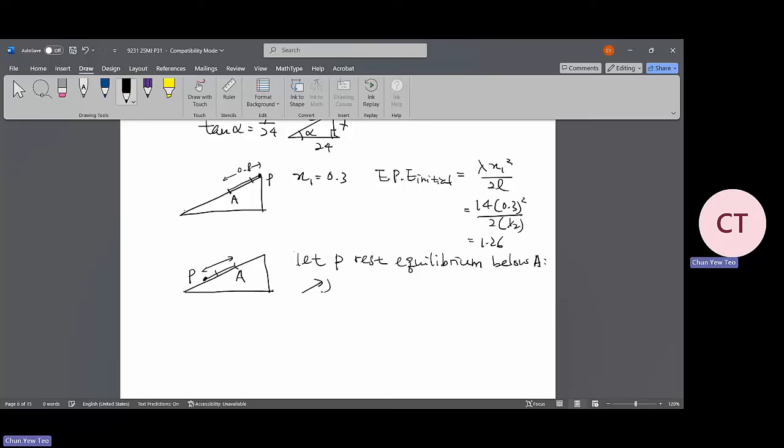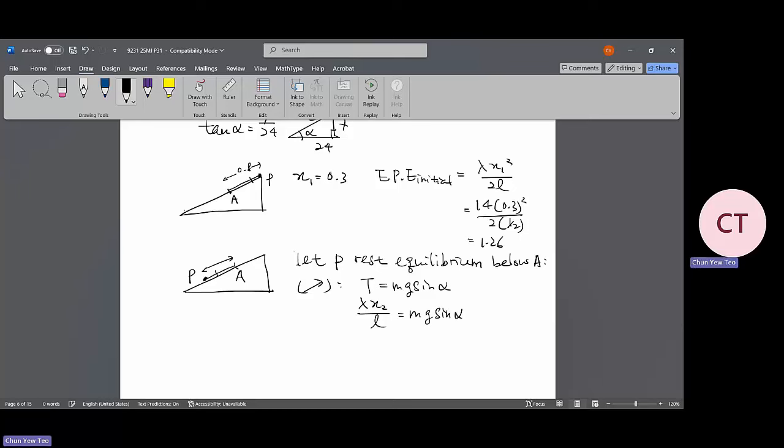If you resolve the forces this way, T is equal to mg sine alpha. So what is your T? T is lambda x2 divided by L.